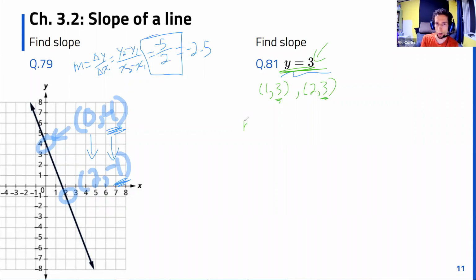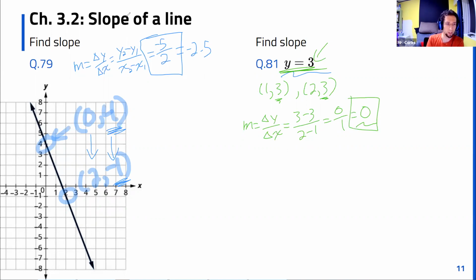So if we do our m here, our delta y over delta x, we will get 3 minus 3 on the top, on the bottom 2 minus 1, and 0 over 1, which is 0. 0 divided by any number will still be 0. So that's the slope. So for any flat horizontal line, our slope will always be 0.